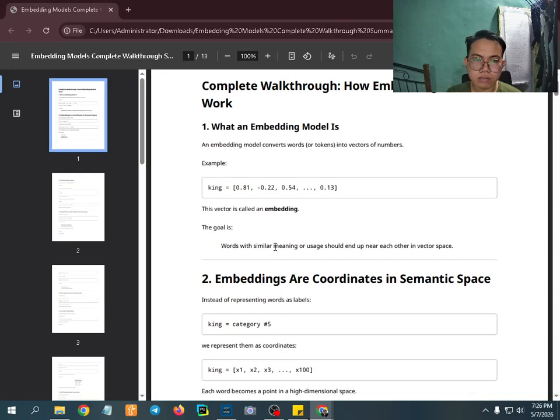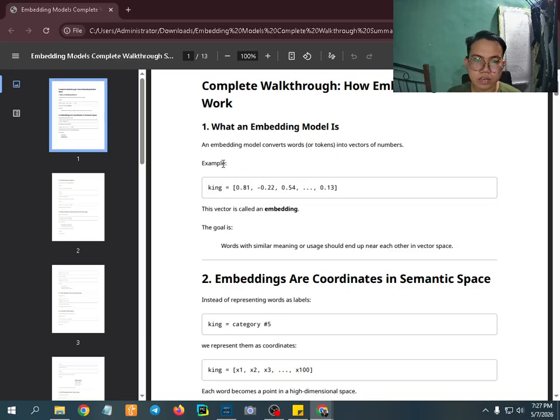The goal of the embedding is that words with similar meaning or usage should end up near each other in vector space. For example, the semantic nearby words of "king" would be "queen" or any other related words associated with "king".